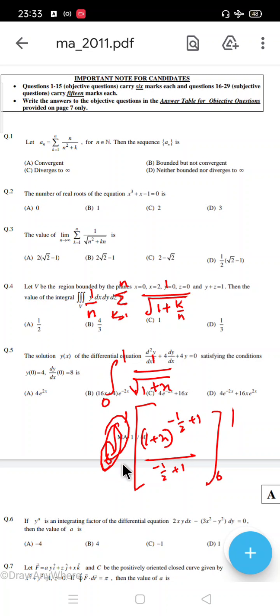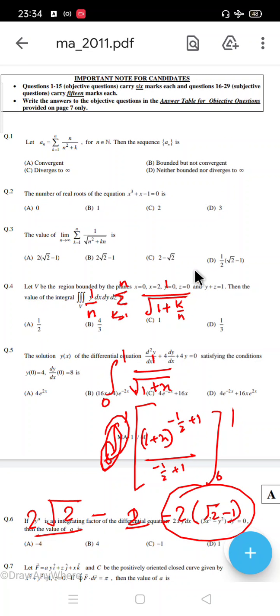Once I put 1 here, it will be 2 raised to half, that is, minus half plus 1 is half, so it is root 2 upon half, it will be 2 root 2, correct? And minus, if I put 0, it will be 1 upon half, so it will be 2. So the answer will be 2 bracket root 2 minus 1. Option E is the correct one.